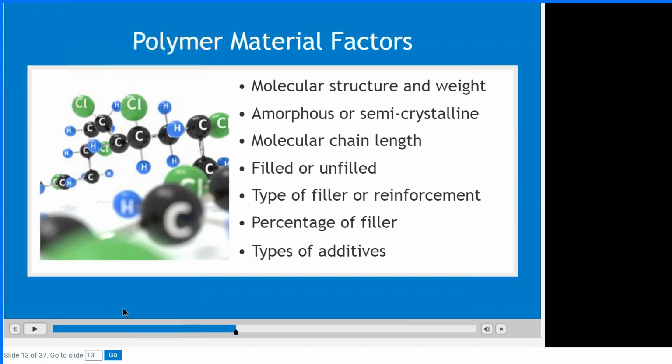And here we go again. We have another subject, which is now the polymer material, and we add another whole list of possible challenging factors that will influence shrinkage and warpage.